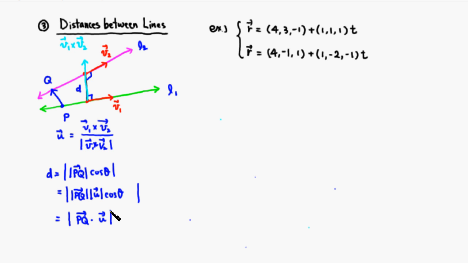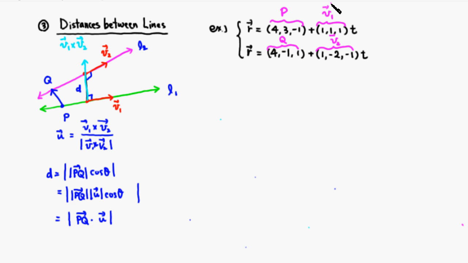So let's look at this example right here. We have two equations of lines. This is going to be point P, and this is V1. And this is going to be point Q, and this is V2.